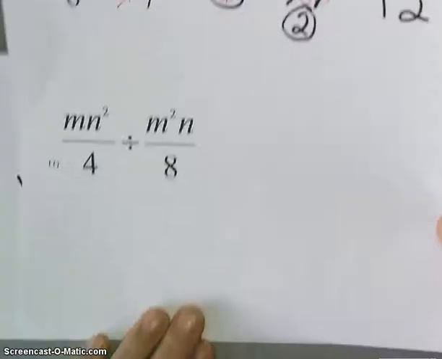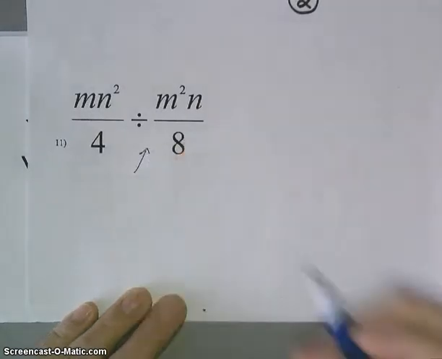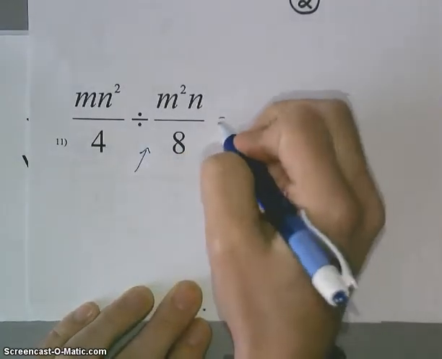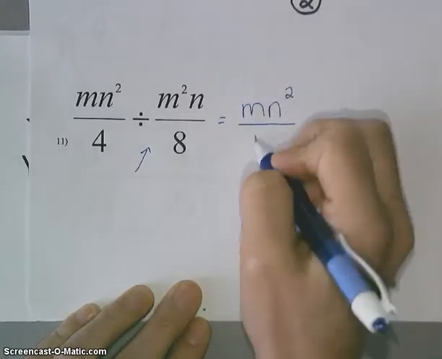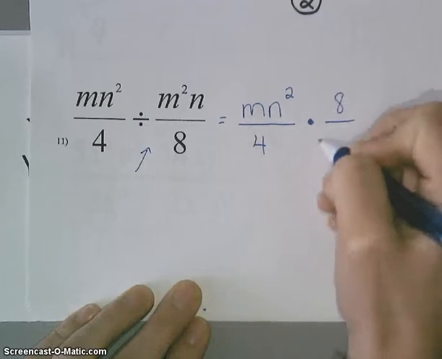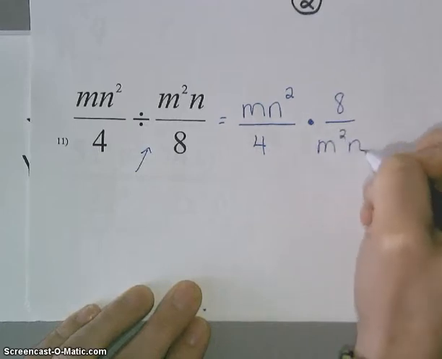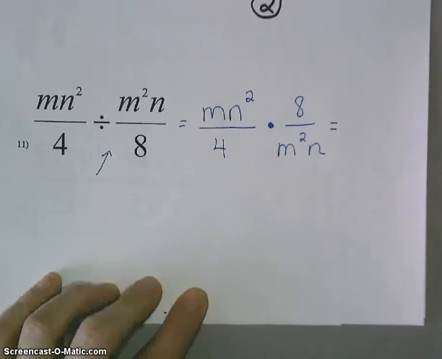Okay, going back now down to number 11. Once again, we have a division, so we need to flip. So rewriting it, I get m times n squared all over 4 multiplied by 8 over m squared n. Okay, well, let's try to go back and do the top and the bottom.